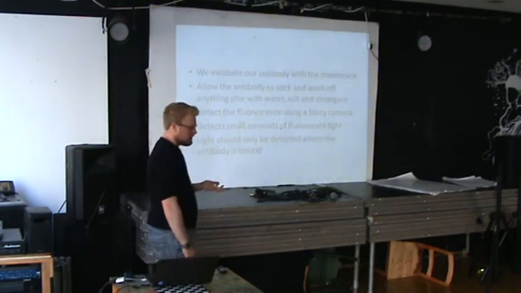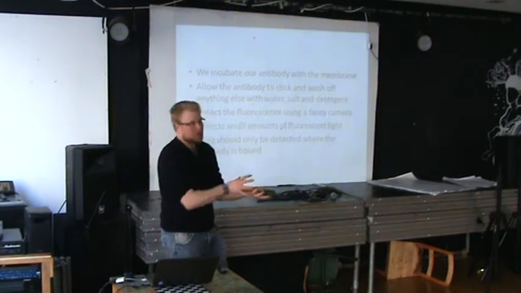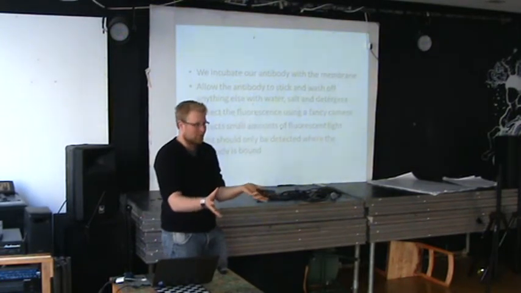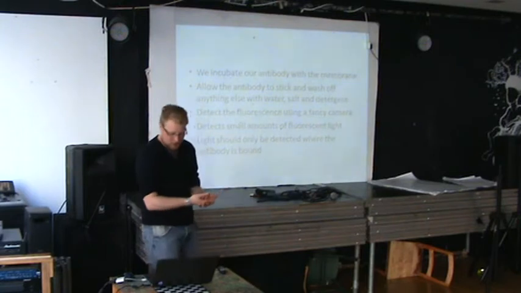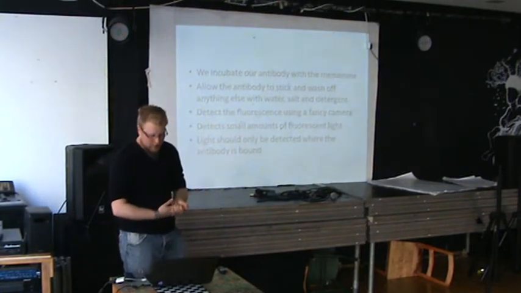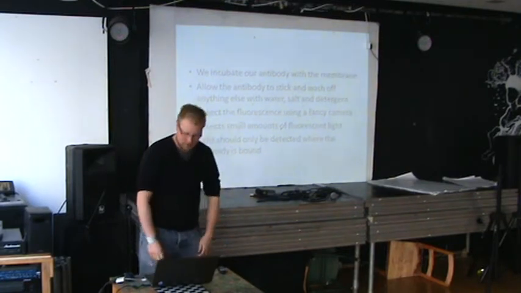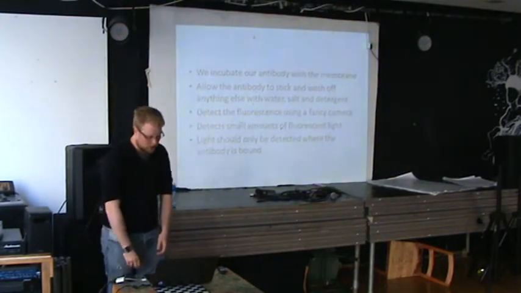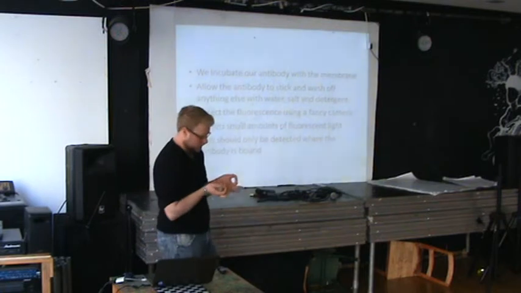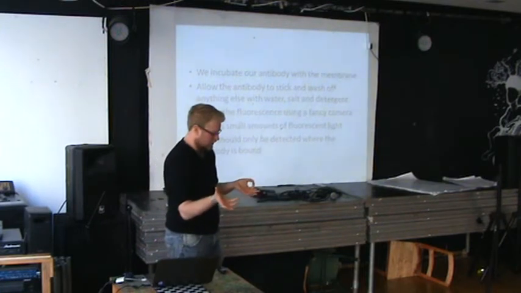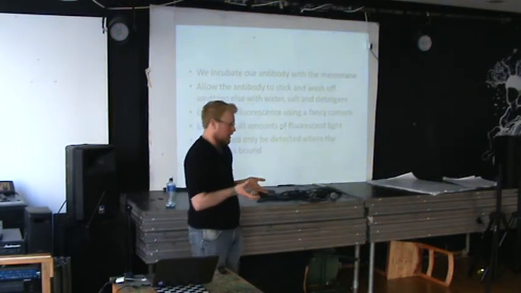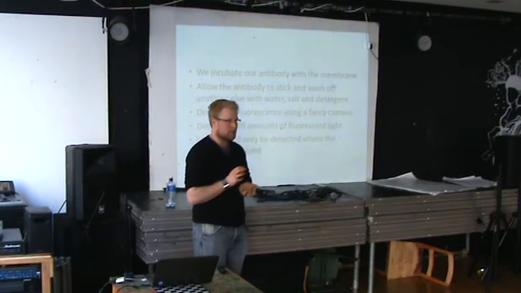So then what you need to do is take your piece of paper, put your antibodies on it, and leave it alone for a while for your antibodies to stick to your protein. Then you're just going to wash it off with water, salt, and detergent again. Then you take your antibody-covered membrane, which has a fluorescent tag on it.